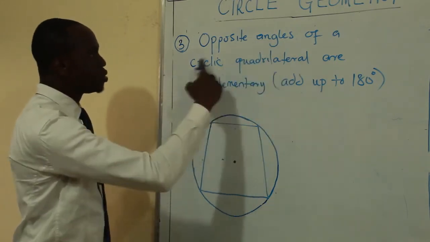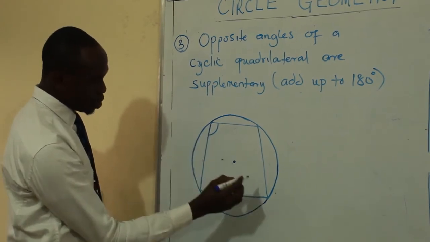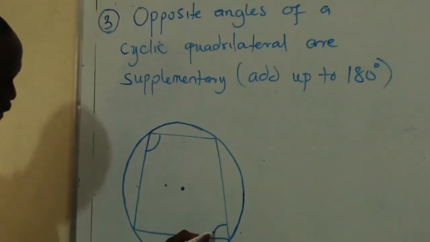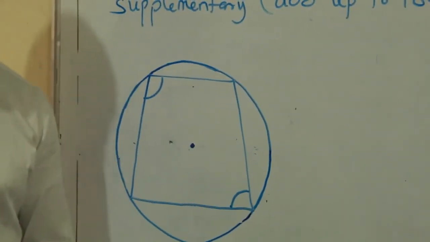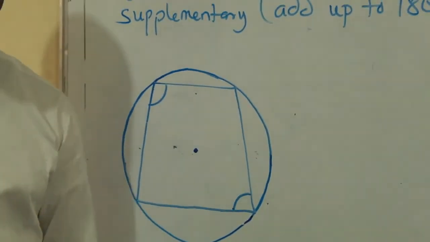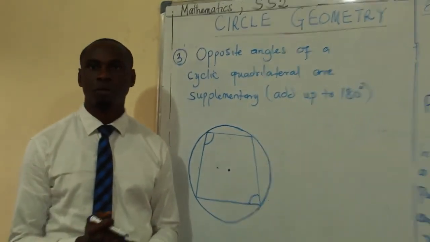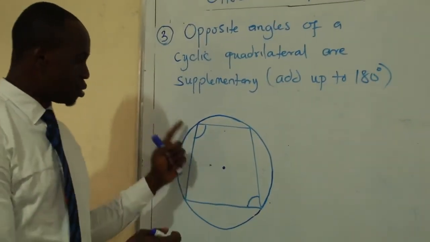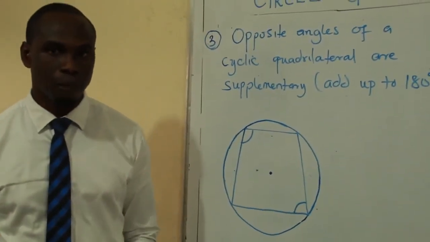So from this theorem, the angle formed here added to the angle formed here will always be 180 degrees. I urge you to try this at home. You can draw any circle and draw any four-sided figure. If you add the angles you get here and here, you will always come up with 180 degrees.